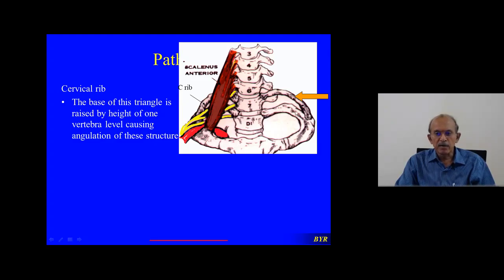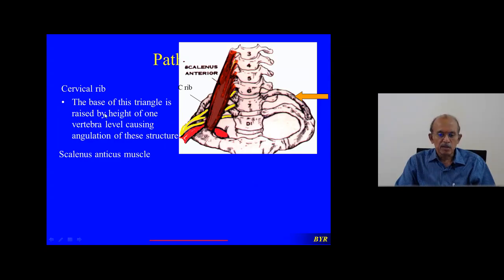If a fully formed cervical rib is there, then the subclavian artery, instead of going like this, has to go like this. It has to ascend. Similarly, the D1 and C8 nerve roots also have to ascend over this cervical rib. So they are put to stretch and angulation, causing obstruction.